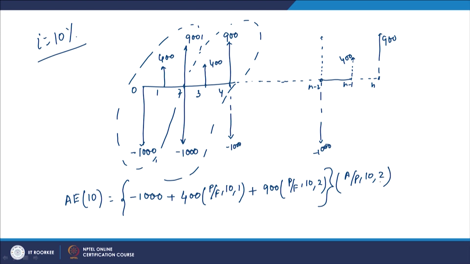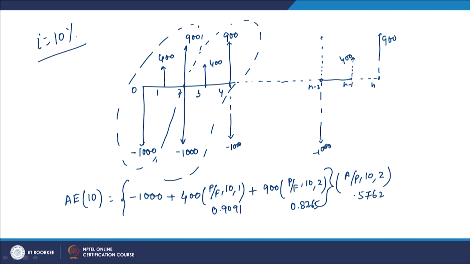You can calculate this by knowing all these factors. P by F 10 1 is 0.9091, P by F 10 2 is 0.8265, and A by P 10 2 comes out as 0.5762.